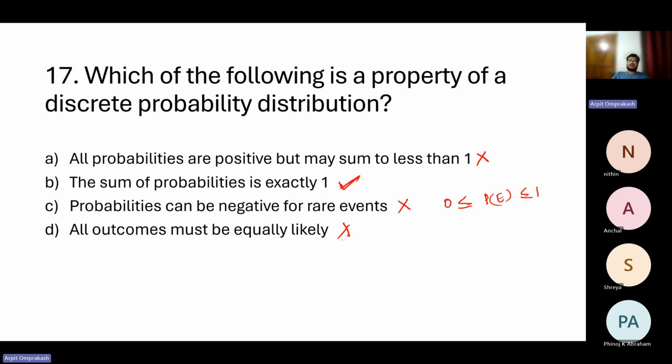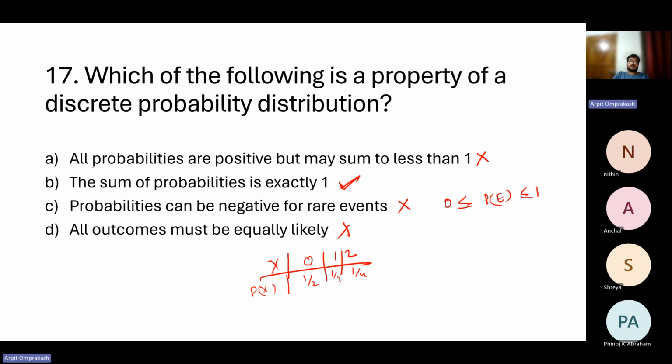But if we are talking about a loaded die or a biased coin, the outcomes are not equally likely. Or if we have a discrete probability distribution where x can take the values 0, 1, or 2, with probabilities one half, 1 by 4, and 1 by 4, the outcomes are not equally likely. So a discrete probability distribution does not need to have equally likely outcomes.